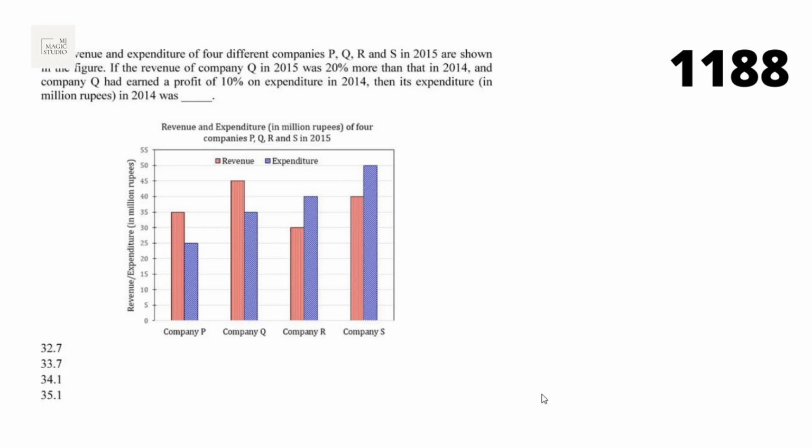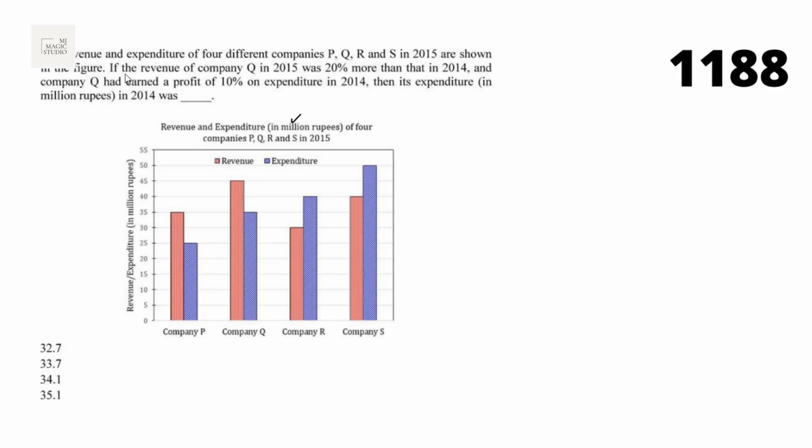Now, what is given? The revenue and expenditure of four different companies, PQRS, in 2015 are shown in this bar diagram. So this red one is revenue and this blue one is expenditure in million rupees.